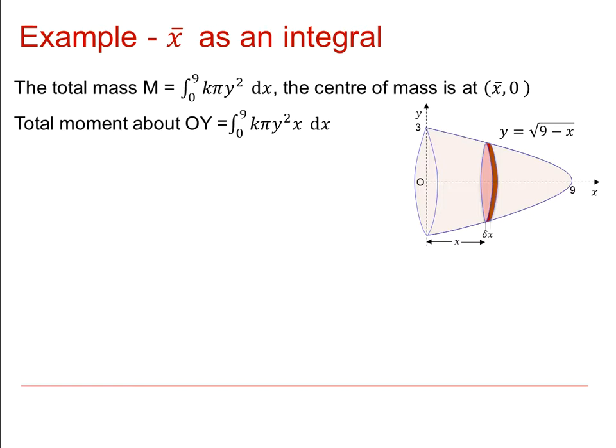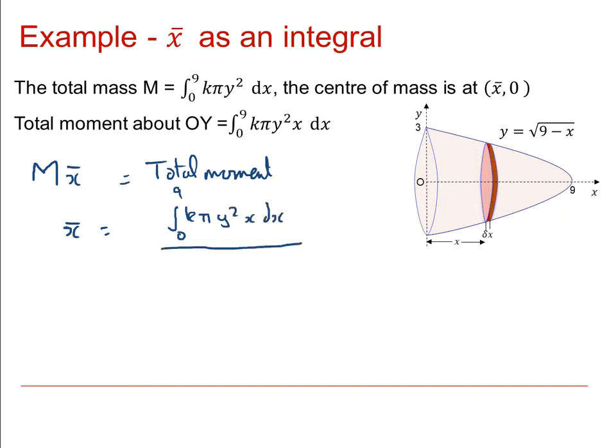And we can therefore say that M x bar is equal to the total moment, and therefore we get that x bar is equal to the total moment, which will be equal to the integral from 0 to 9 of k pi y squared x dx divided by the total mass, the integral from 0 to 9 of k pi y squared dx.